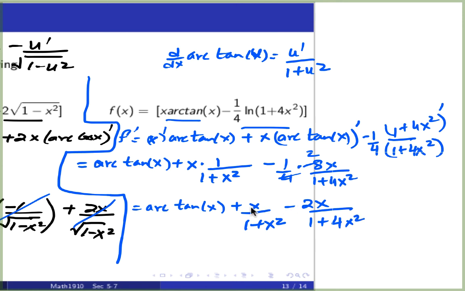Okay, so we can gather these terms together. We have arc tangent x minus x, because x minus 2x. Oh, no, we can't do that. No, not possible. Sorry, didn't realize it. So this is the final answer. Didn't realize this was 4x squared and this was x squared. So guys, we are done here.